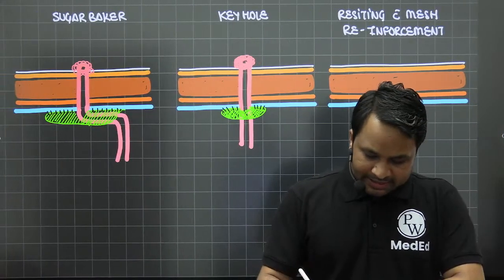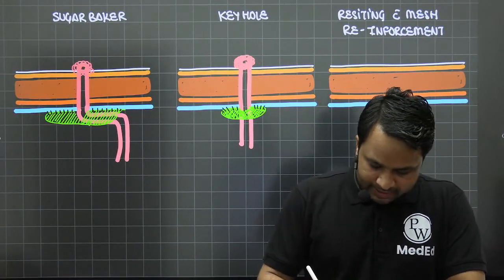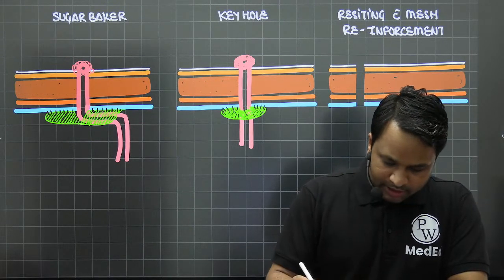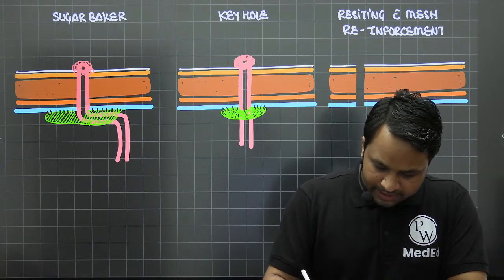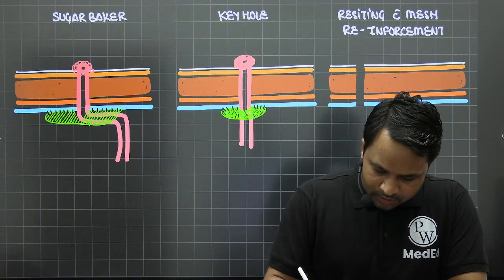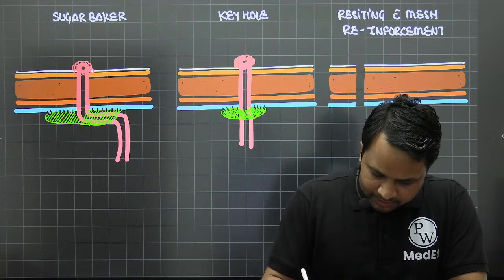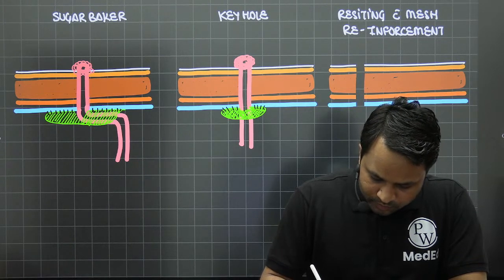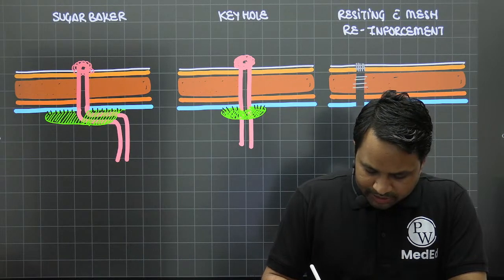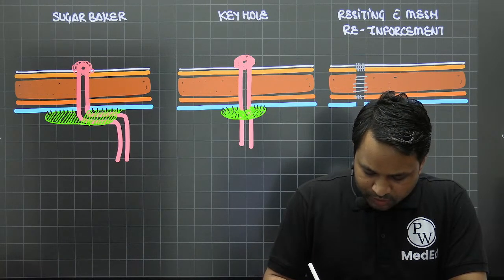Now what is a resiting one? Resiting is, this is the site where the stoma was initially created. We now say let's close this area. We're going to close this area, and let's say we have sutured the entire abdominal wall muscle, we have closed this part.